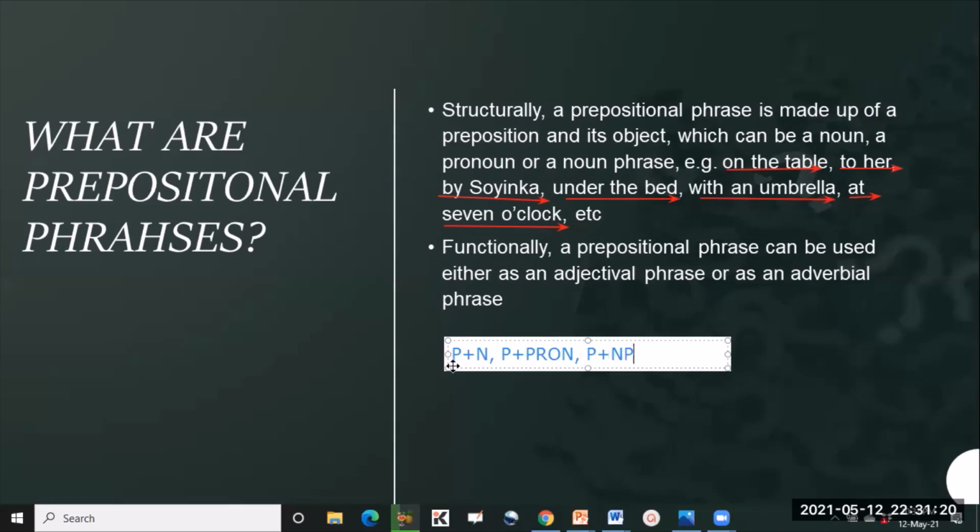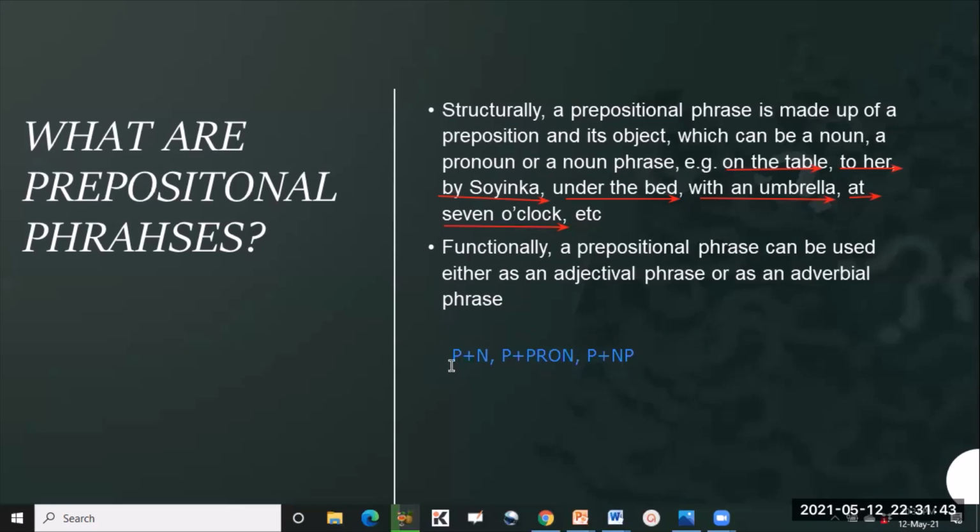Now let's look at this, beginning with a preposition and a noun. Look at the phrase by Shoyinka. The word by is a preposition and Shoyinka is a noun. So that's the first structure, a preposition and a noun.